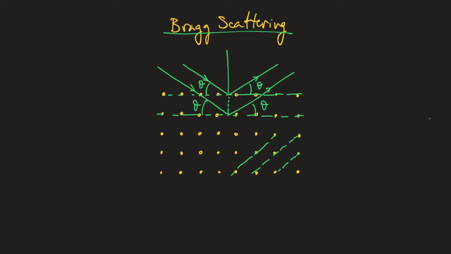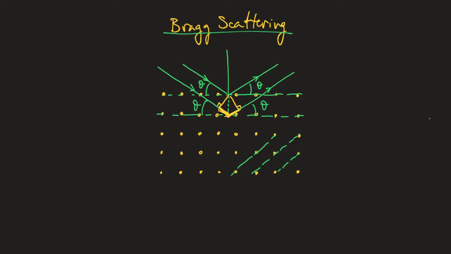So the question is, what is the condition such that the rays, which started out in phase with each other here, are still in phase with each other when they bounce off? If you think about that for a little bit, what you'll see is that if we draw a line here that's perpendicular to the ray, and a line here that's perpendicular to the ray, what we're interested in is this distance right here, that plus that.